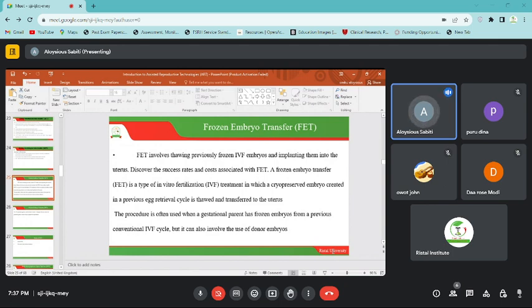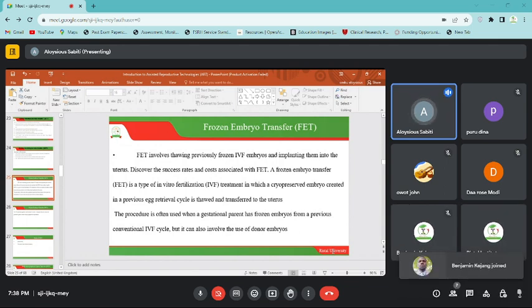So after an IVF has been conducted, the embryo that grew from the IVF is most times frozen, or is kept in an incubator where the right conditions are provided. So this frozen embryo can actually be transferred to the uterus of an individual, and then fertilization will take place.